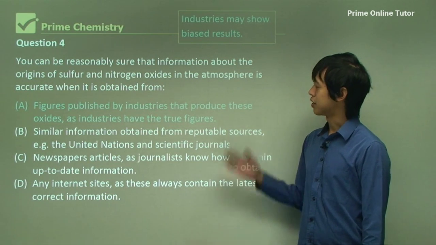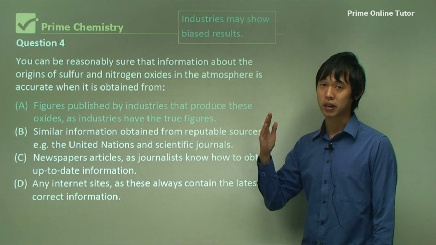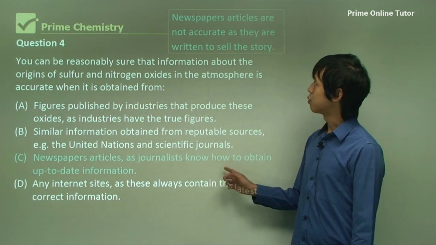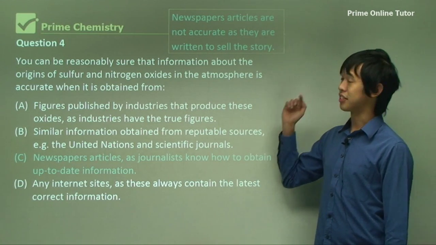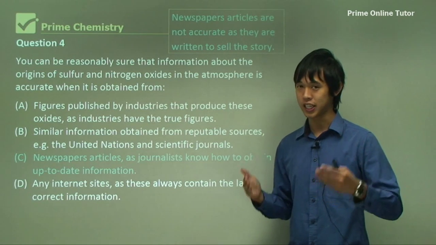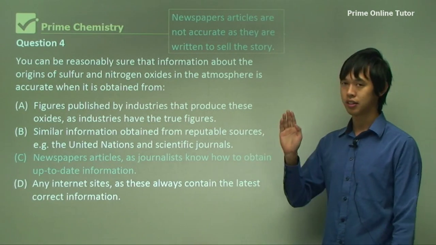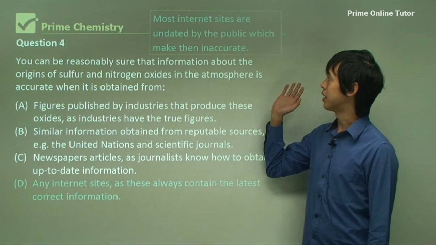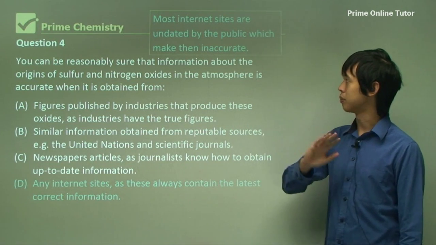Okay. So again, as I mentioned, industry has biased results because they don't want to hurt their business. Newspapers, not accurate because they're written to sell a story. So you can see here in both cases, the motivation is getting money. So neither of those two. And most internet sites are updated by the public, which make them inaccurate.